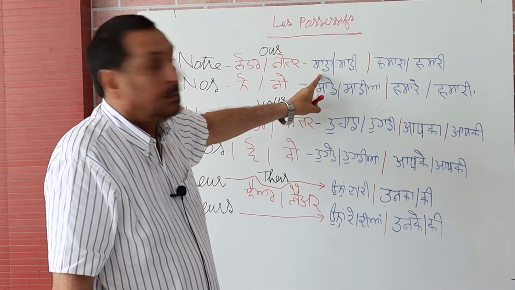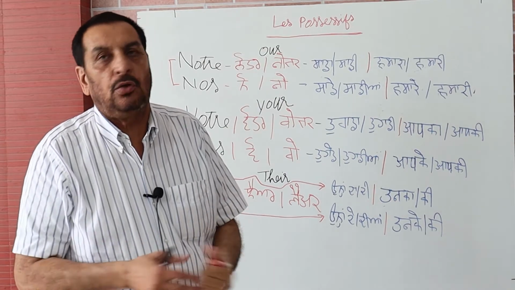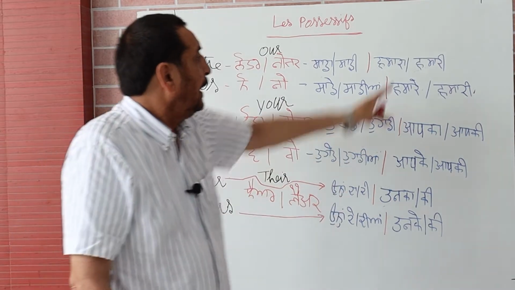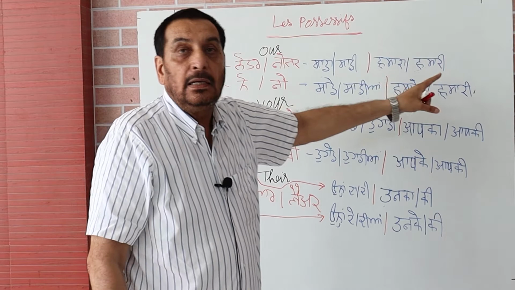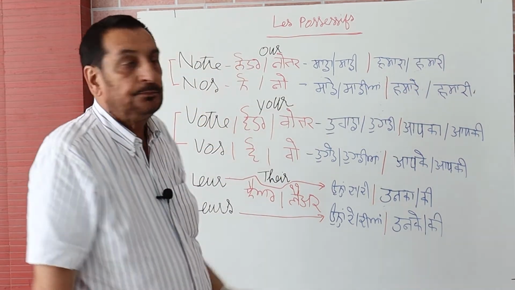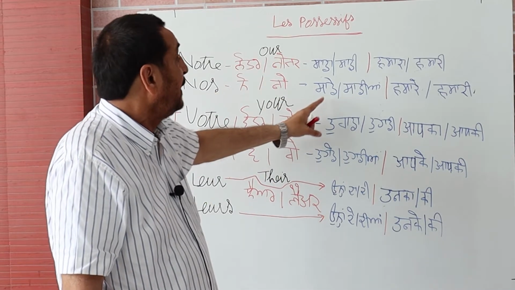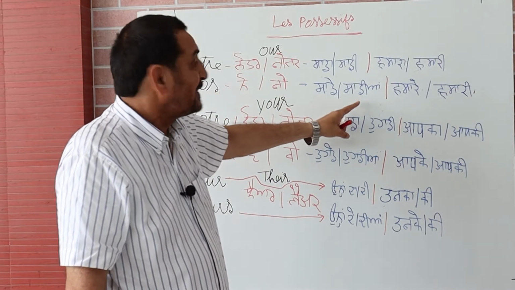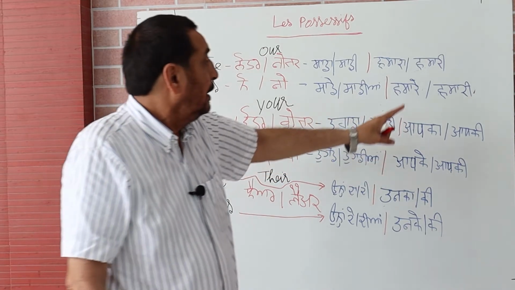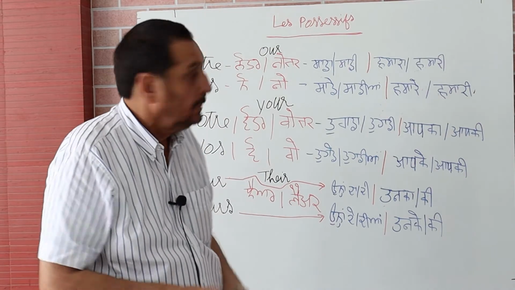In Punjabi, sada, sadi. Notre is common for both. Or in Hindi, hamara, hamari. In English it is our, but in Punjabi it is sade, sadiyan. Hamare, hamari.